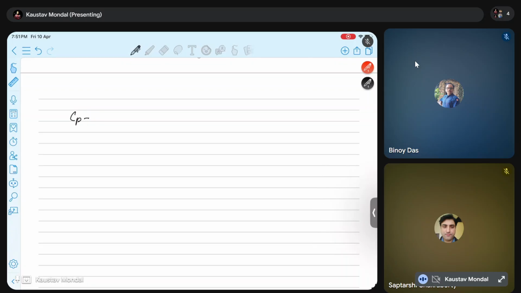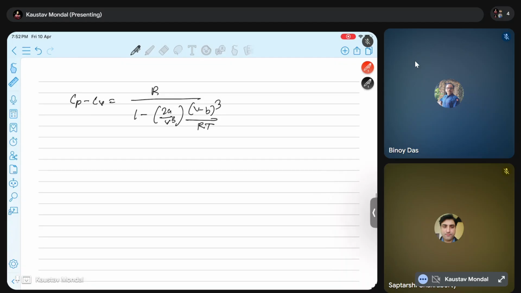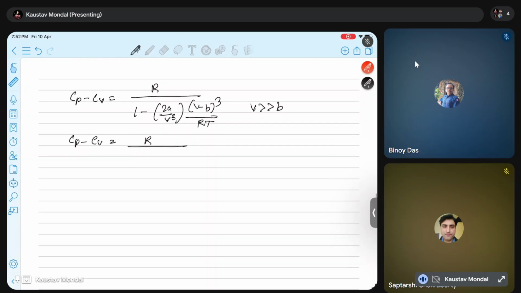So Cp minus Cv, you can write it as R by 1 minus 2a by V cube into V minus b whole square by RT, or Cp minus Cv equals R into, if you take V as much greater than b, in that case you can write it as 1 minus 2a by RTV inverse.